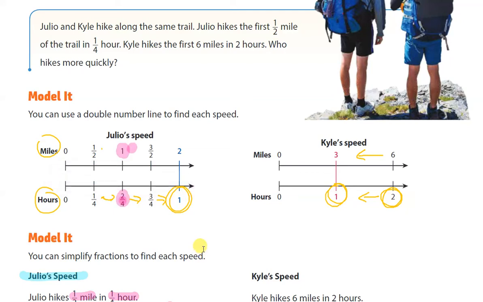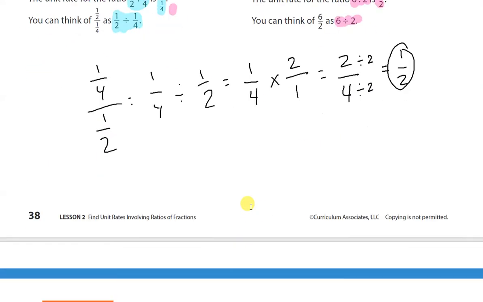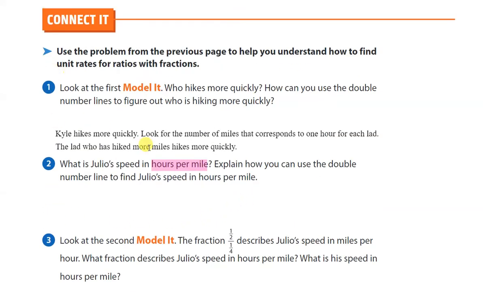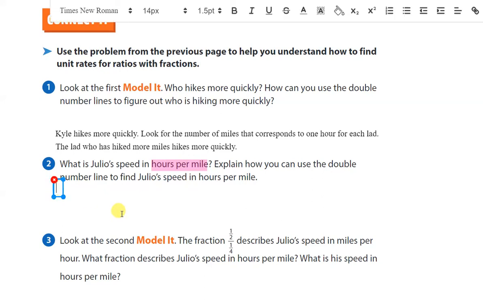I'm saying it backwards. It's a weird way to put it. Okay, so hours per mile, and again, 2/4 is 1/2. Now that I actually read the question properly, it's half an hour per mile.